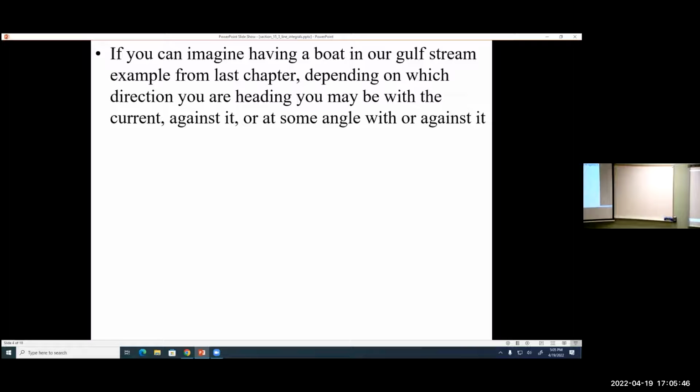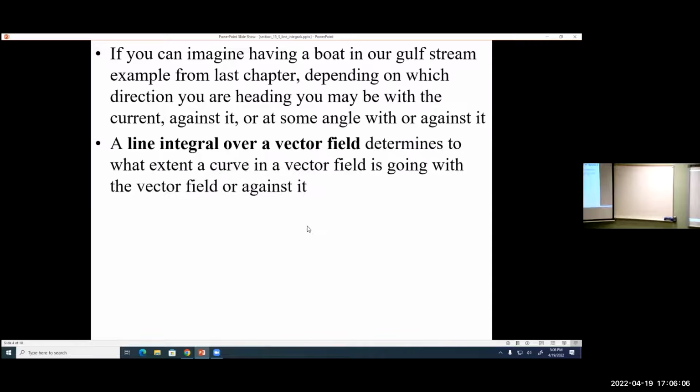But what if something is traveling through the water on its own path, not necessarily along with the flow of the water? Okay. A boat, some kind of object, an animal that's maybe swimming across the Gulf Stream.